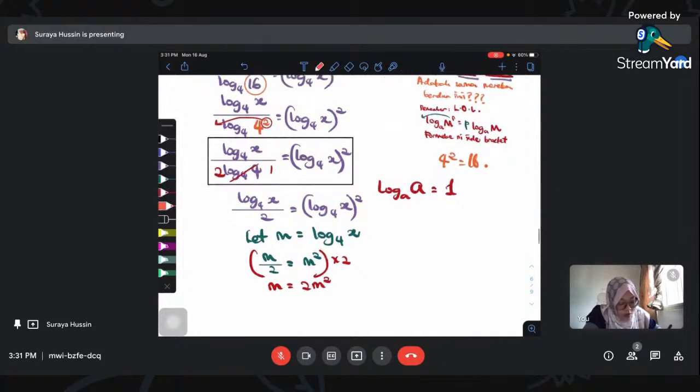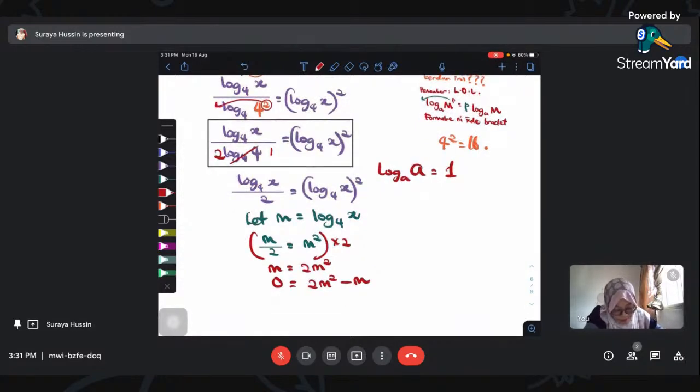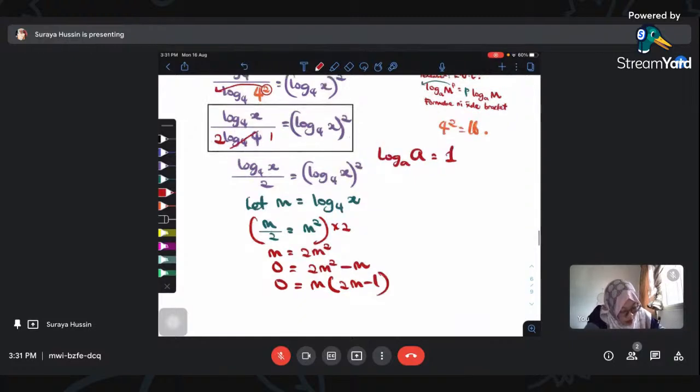Yang ini jangan sesuka hati cut. Saya tak buat sesuka hati cut. Saya buat apa? Saya susun. I minus both side dengan m, dapatlah macam ni. And then I try to factorize. I will get m times 2m minus 1 is equals to 0.